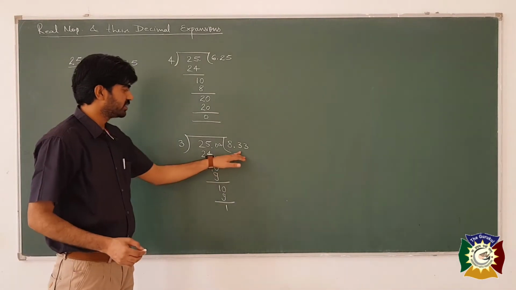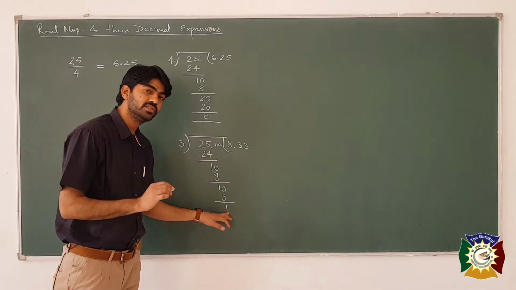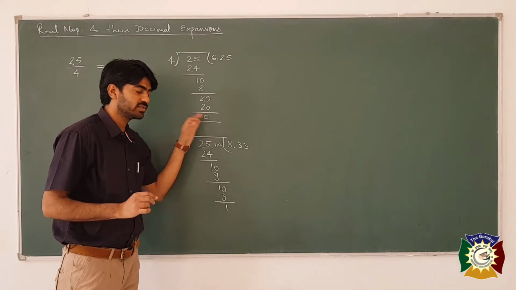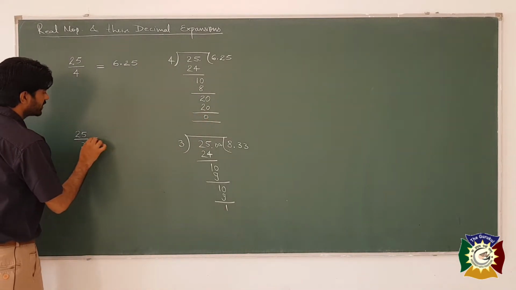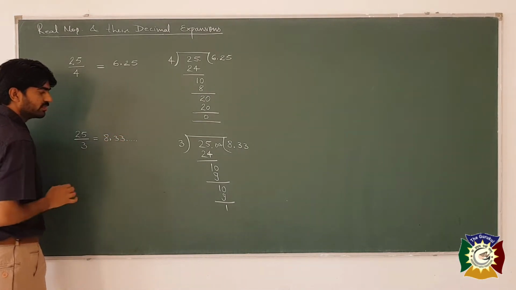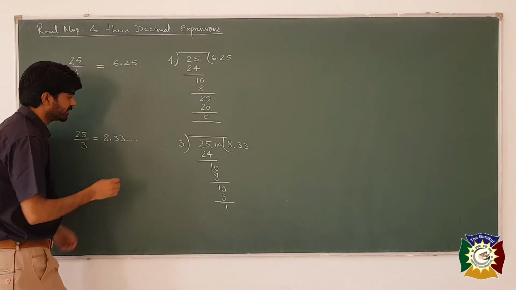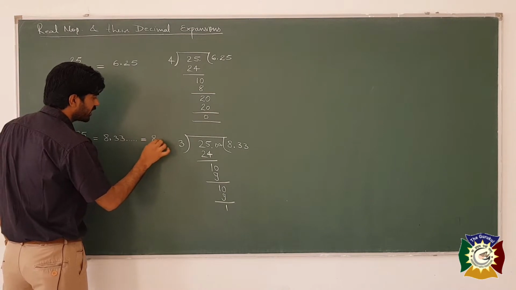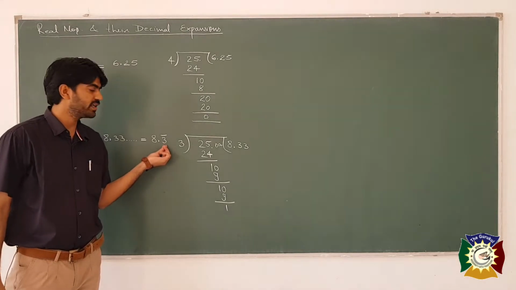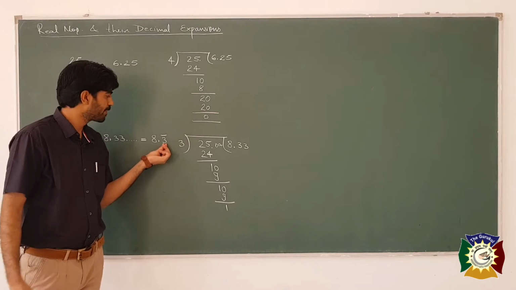So this type of decimal expansion where the remainder doesn't become 0, but in this type of decimals the remainder becomes 0. So I can write this as 8.33 and so on. When any number or group of numbers is being repeated, we write it as 8.3 and bar on 3. Bar represents that this number is getting repeated again and again.